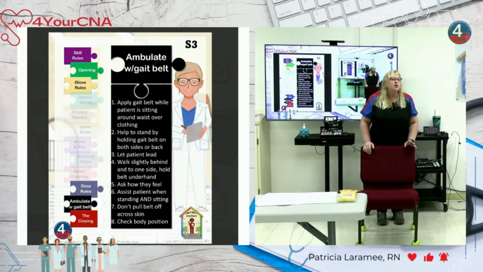Having somebody undress you takes energy. Just sitting up takes energy. So we need to understand that when our patient says, I don't have the energy for that, we need to believe them. They truly sometimes don't.